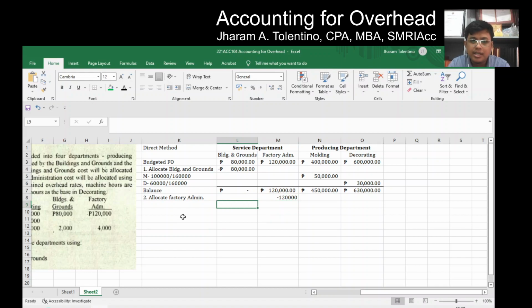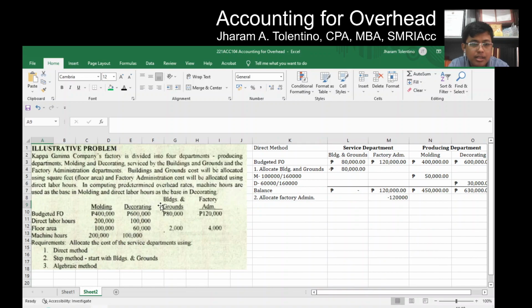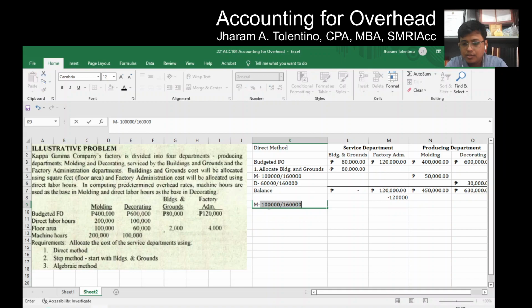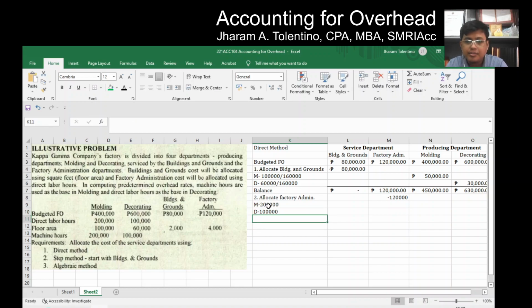So, paano natin siya allocate? Factory admin daw po will be allocated using direct labor hours. So, direct labor hours is 200 and 100. So, kung ayaw mo na ganyan, sulat mo na lang 200, and then this one sa decorating 100. So, para alam mo kung anong basis mo lang.